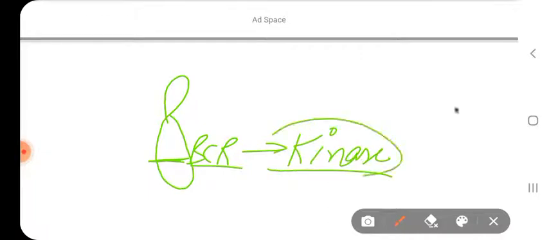Sorry for that, I have erased all of them. So this BCR gene found on chromosome number 22 codes for a kinase enzyme which will phosphorylate those amino acids which are serine or threonine and activate that protein.